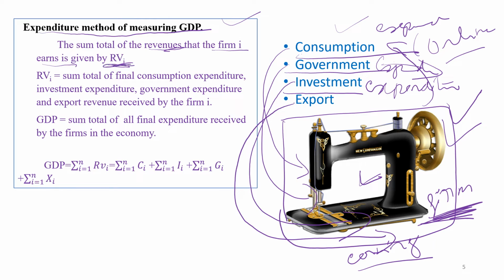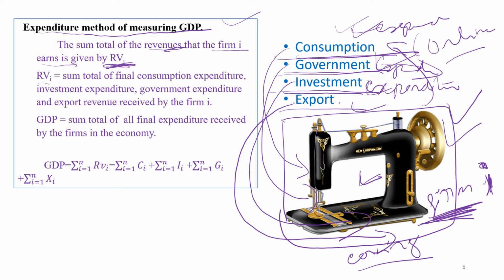I took a sewing machine firm, and firm i receives revenue from the consumption sector, government sector, investment sector, and from the foreign or export sector, in the form of consumption expenditure, government expenditure, investment expenditure, and export earnings.